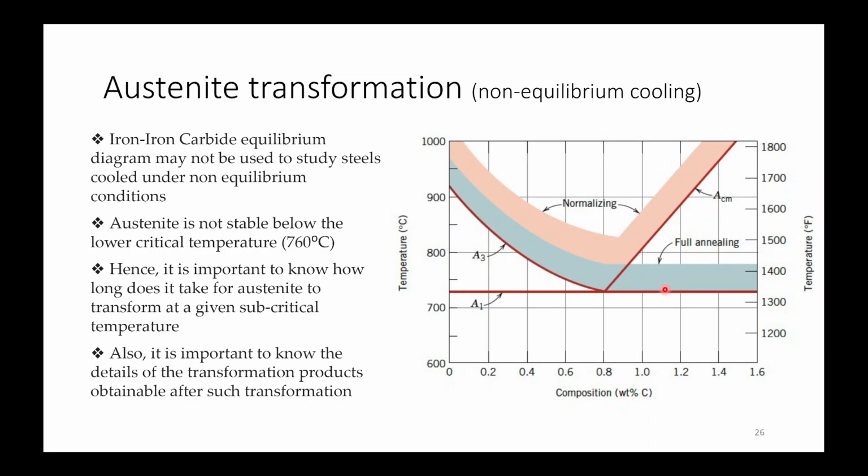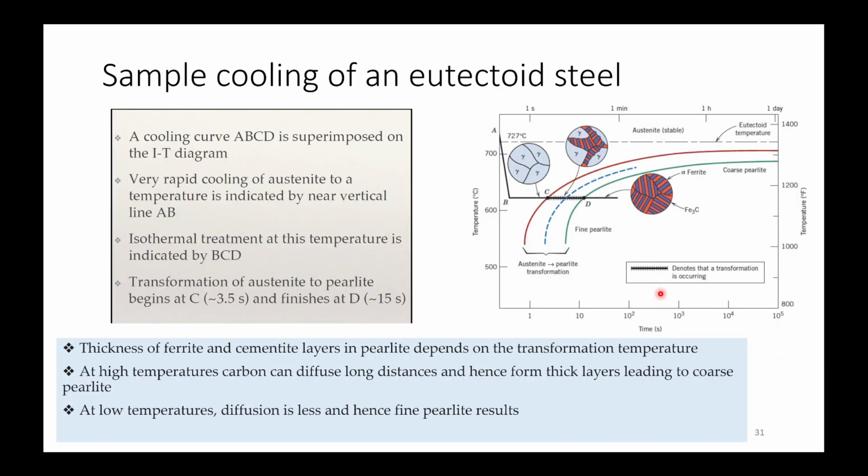In perlite, I told this in the previous case, right? Here you have 100% perlite, but in case of hypereutectoid steel, you'll be having some chunks of Fe3C.